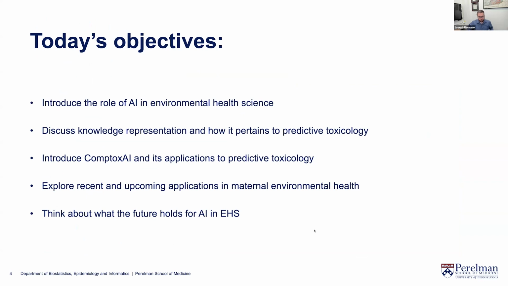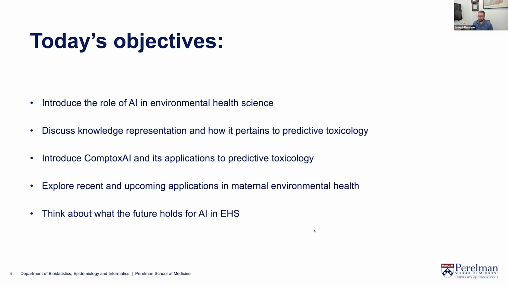So the objectives for today's talk, I just want to run through them really quickly. First, I'm going to introduce the role that artificial intelligence has in environmental health science overall. Then I'm going to get into this informatics-y concept of knowledge representation and how we can use this to do things better in predictive toxicology. Then I'm going to introduce this platform that we've been iteratively developing called ComptoxAI, and talk about its applications to predictive toxicology.